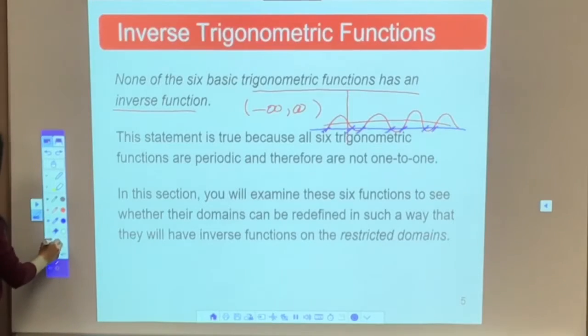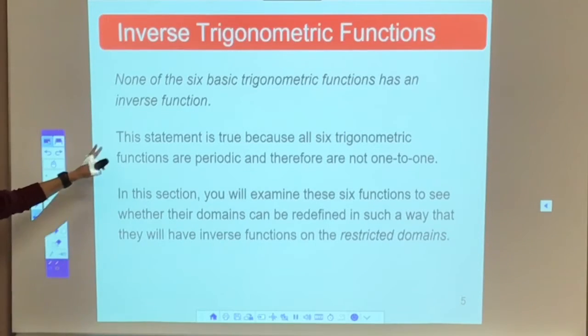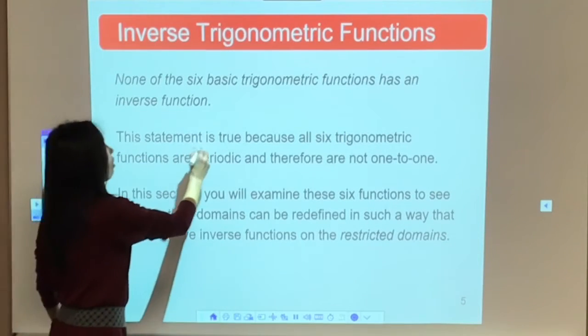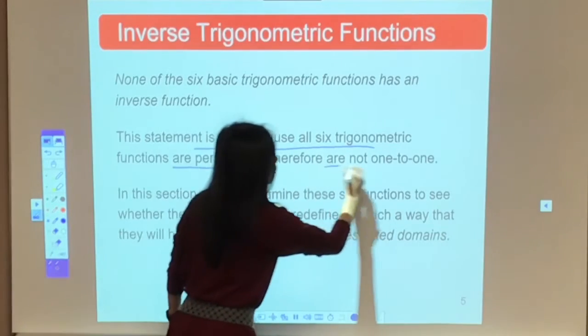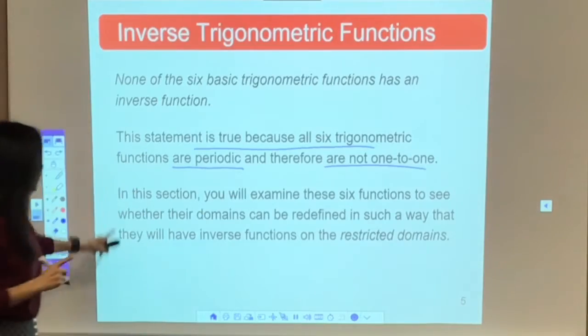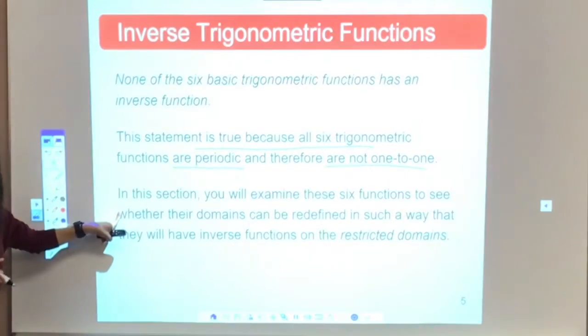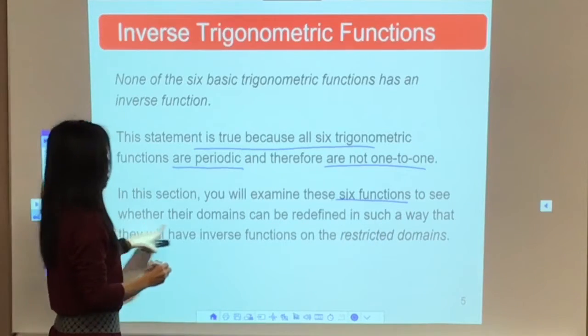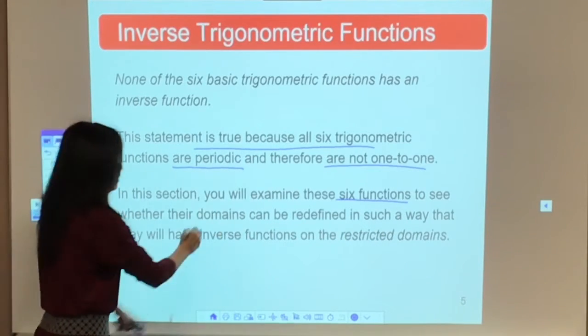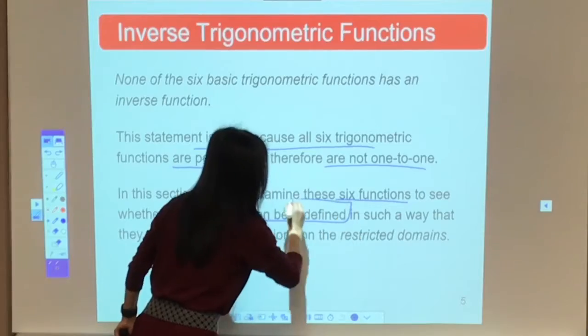So the statement is true because all the 6 trigonometric functions are periodic and not one-to-one. But this is what we're going to do. In this section, we will examine these 6 functions to see whether their domain can be redefined, which means what?